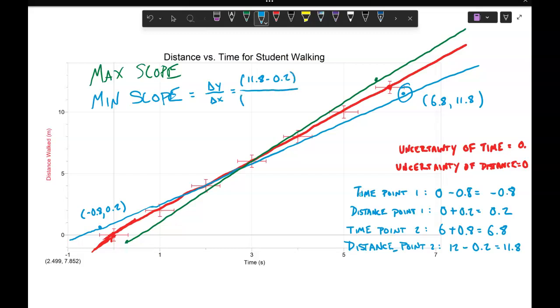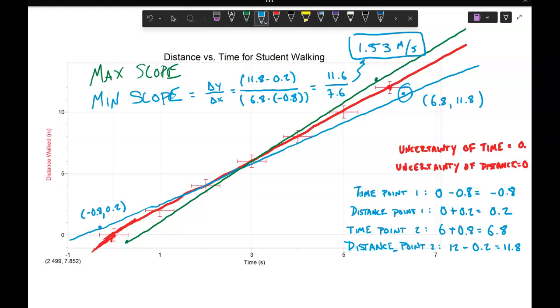Change in x is 6.8 minus a negative 0.8. So I have that this is 11.6 divided by 7.6, which gives me a minimum slope value of 1.53 meters per second. This is the lowest that my velocity could possibly be.